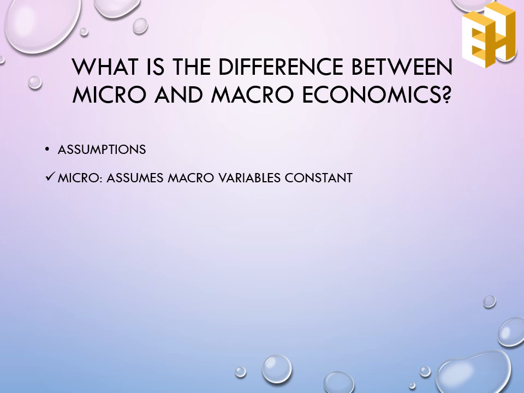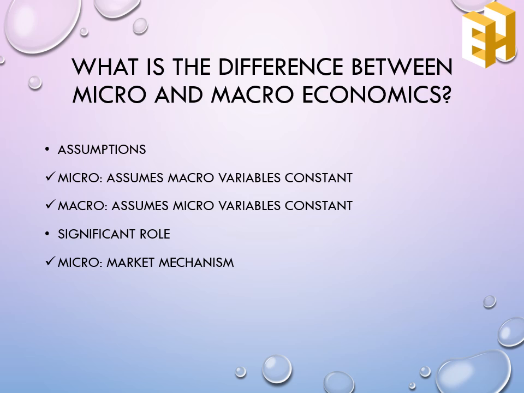Microeconomics assumes the macro variables to be constant, whereas macroeconomics assumes micro variables to be constant. In case of microeconomics, market mechanism plays a significant role in the economic activities. On the other hand, in case of macroeconomics, government plays a significant role in the economic activities.